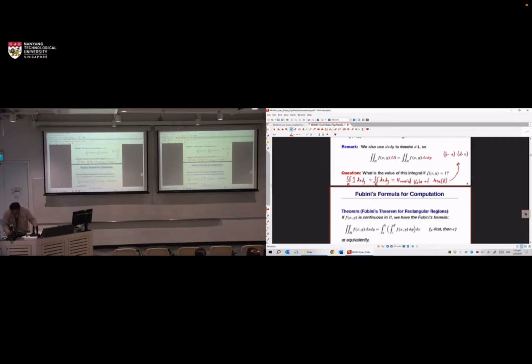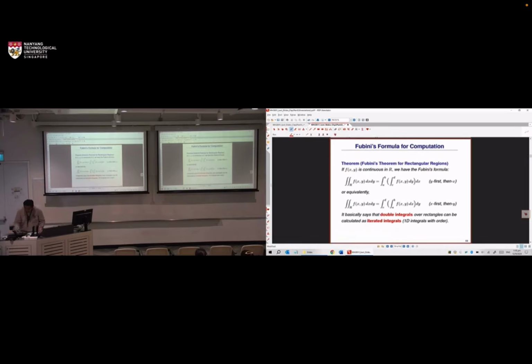Now I will move on to a theorem called Fubini. His theorem will save our job by a lot. Fubini formula for computation: if f is continuous in R, we then have the Fubini formula.